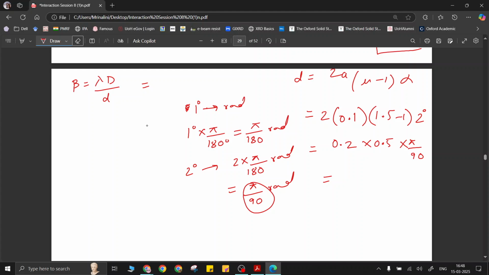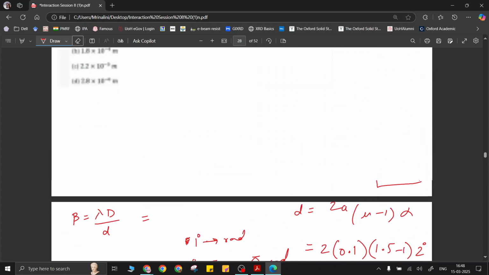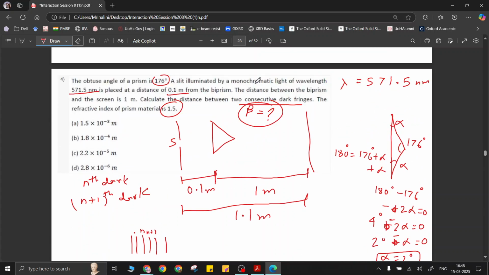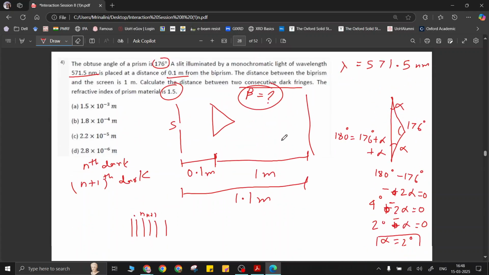This will be, d is 0.0035 meters. Now putting this value here, beta is what we need to find out. Lambda we know, lambda is given to be 571.5 nanometers.